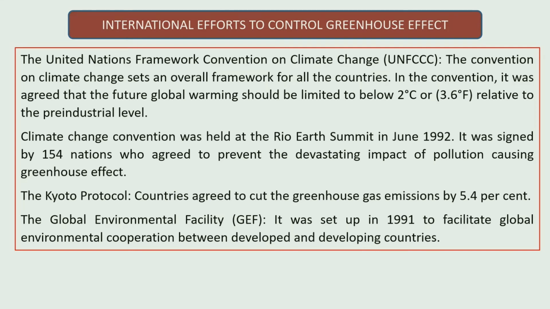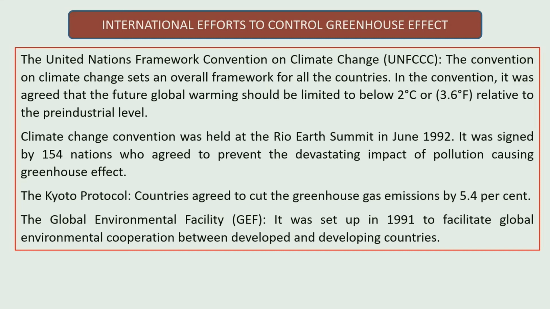Then the climate change convention was held at the Rio Earth Summit in June 1992. It was signed by 154 nations who agreed to prevent the devastating impact of pollution causing the greenhouse effect. They promised that this impact should be prevented.